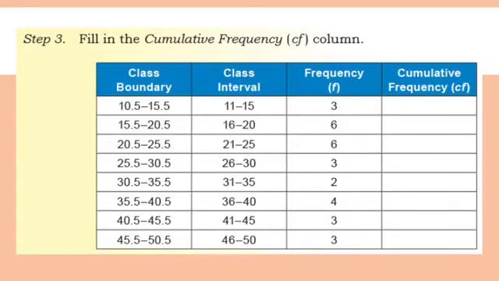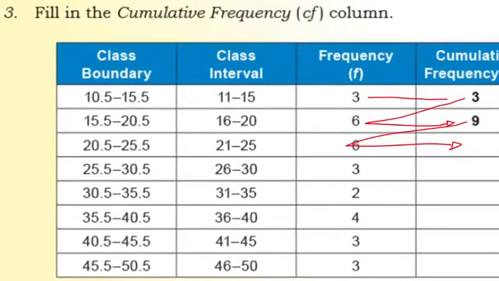So, how do you go about the CF column again? How do you fill in the CF column? You start with 3. Okay, start with 3. Next, add 6. To get 9. 9. Next is add 6. Okay, that's 15.